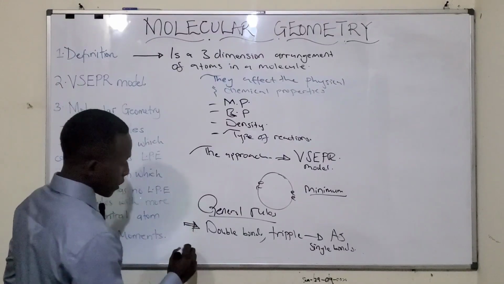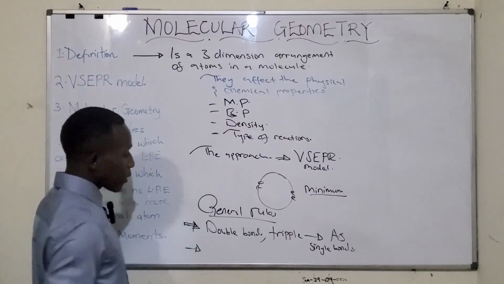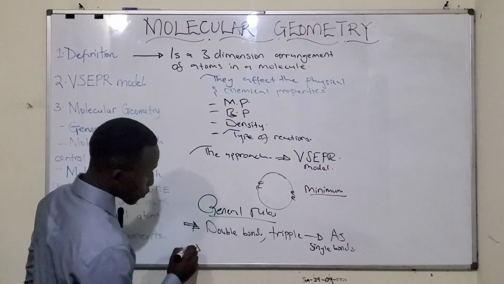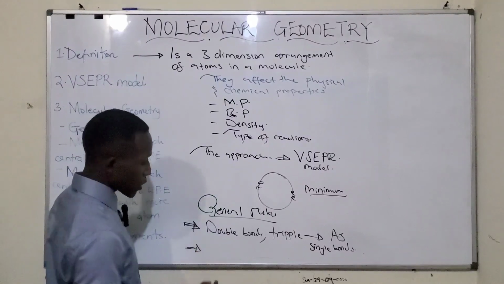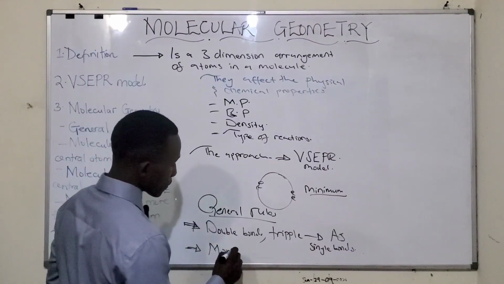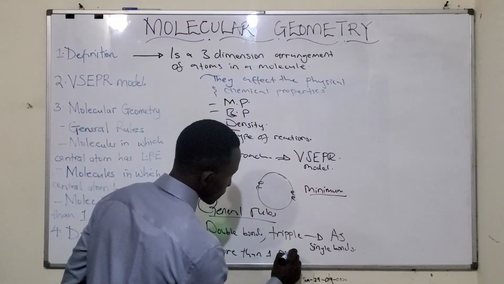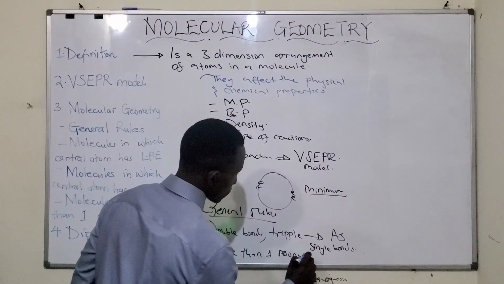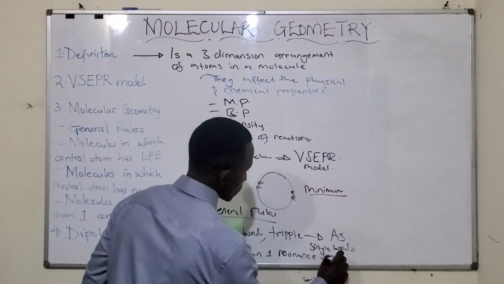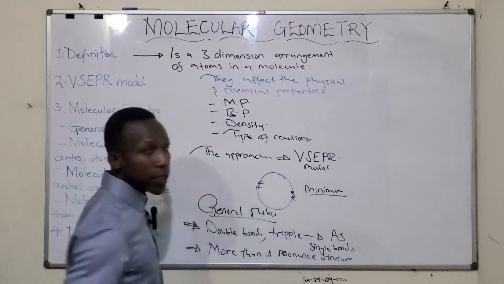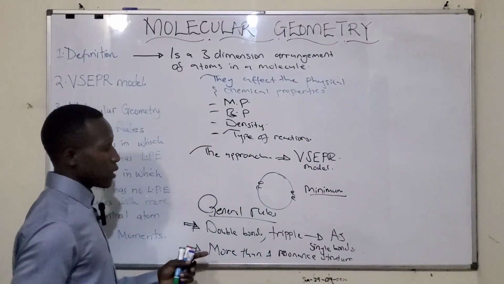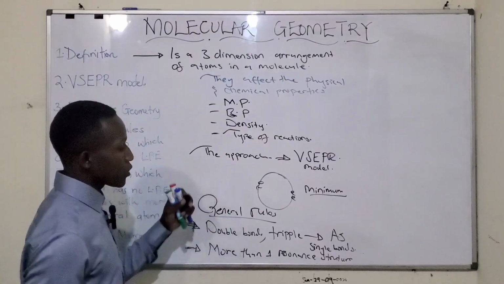We are going to see. Then, if a molecule has more than one resonance structure, we can pick any of the structures for molecular geometry.